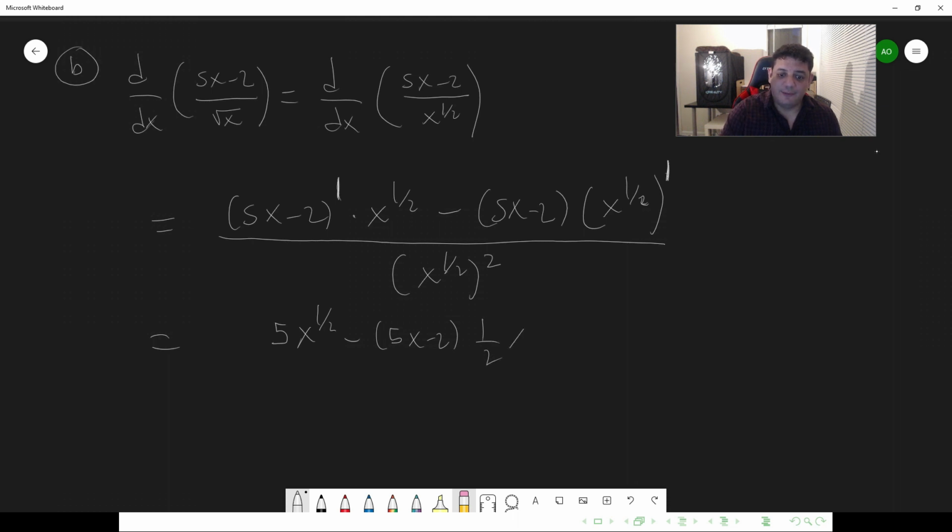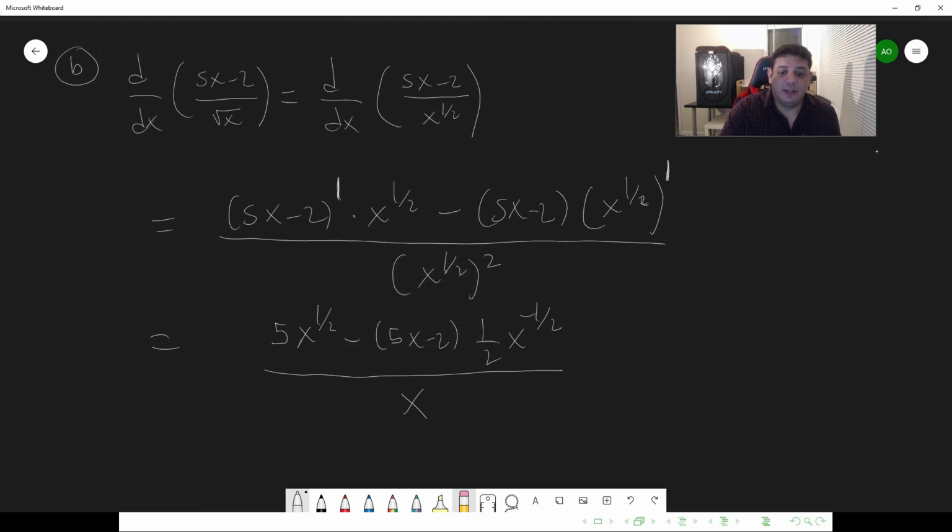That's 1/2 x to the minus 1/2. Now the bottom below is a square root squared, so we're going to lose the square root. We're going to get x. So we can actually say that we're done at this point. And if only finding the derivative, we can stop at this very moment.